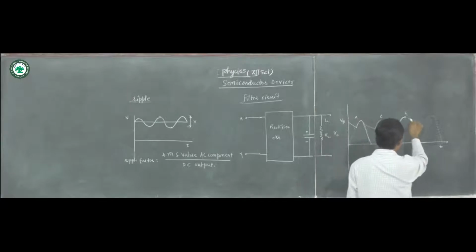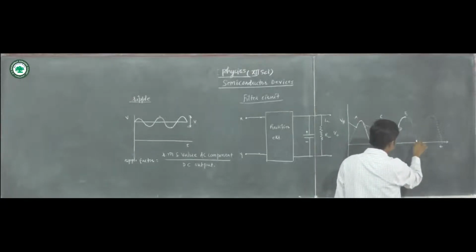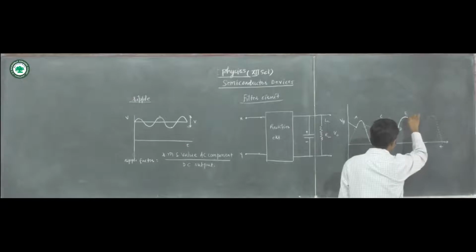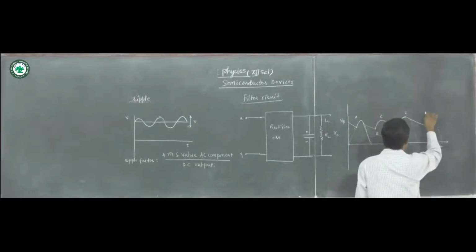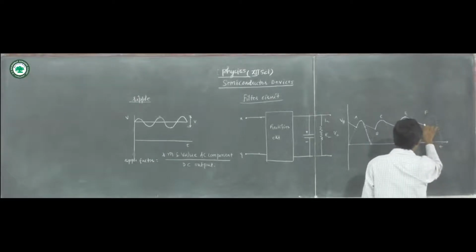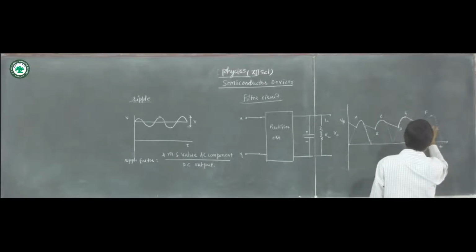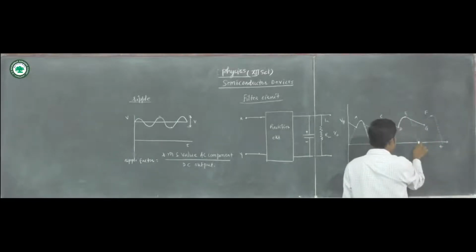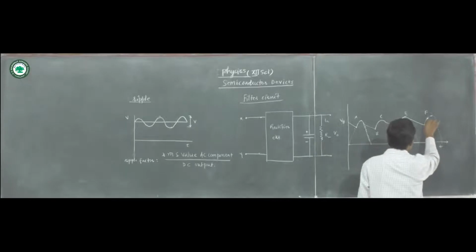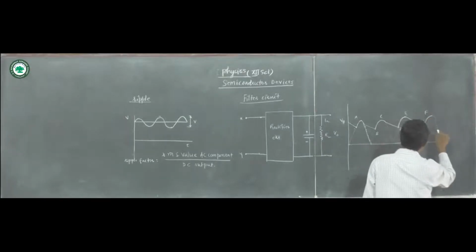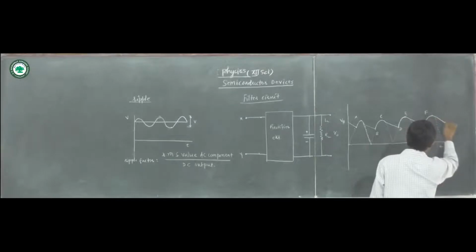When the voltage of this cycle starts to decrease, it discharges from this point to this point. Call this G, and again when the next cycle starts, at the same time it charges at the quarter of the half cycle at this point, and in this way we get the output waveform.